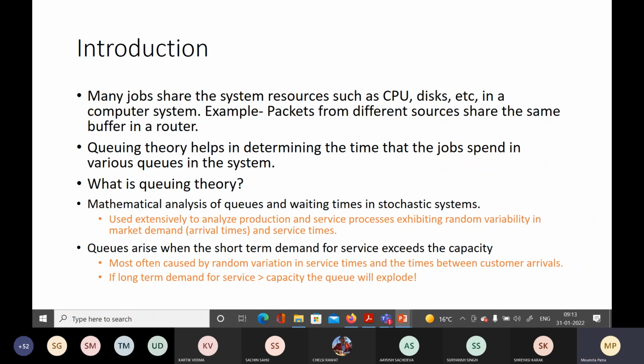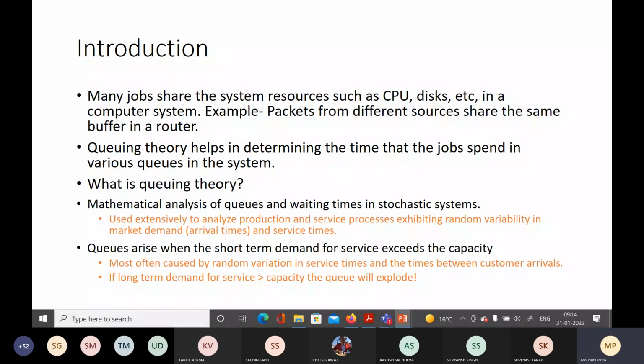Now, as you know, a queue will arise if the demand for the service is exceeding the capacity with which the service is being provided. For example, at a bank counter, a queue always arises when the number of customers arriving is much larger than how fast the person at the counter is serving them.